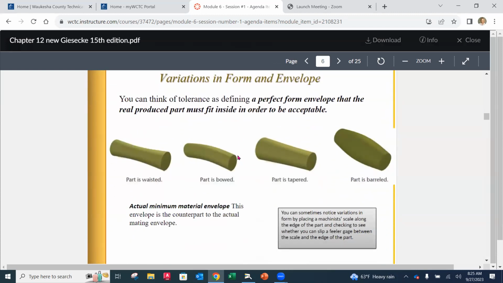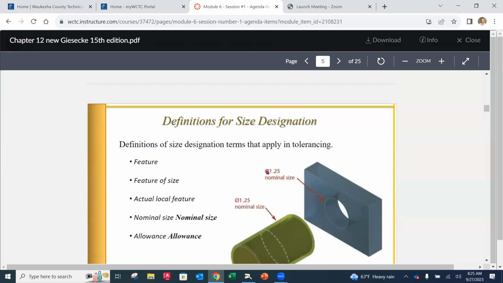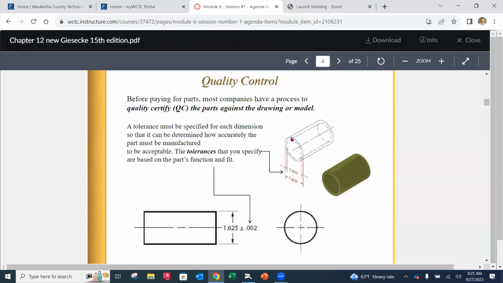Variations along the form. As we create that envelope that we saw earlier, we're going to go back just a little bit here. This envelope is created by the maximum and the minimum size, and all of the points along that pin, in this case, have to fall within that envelope. They can take a lot of different forms.